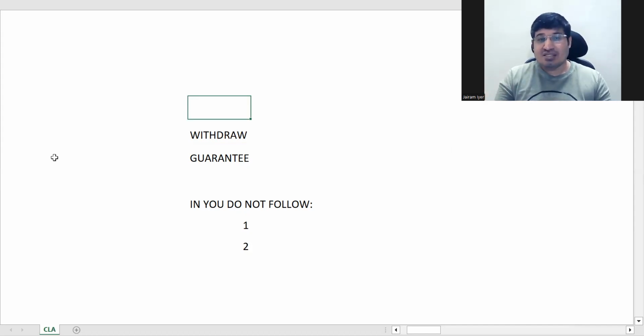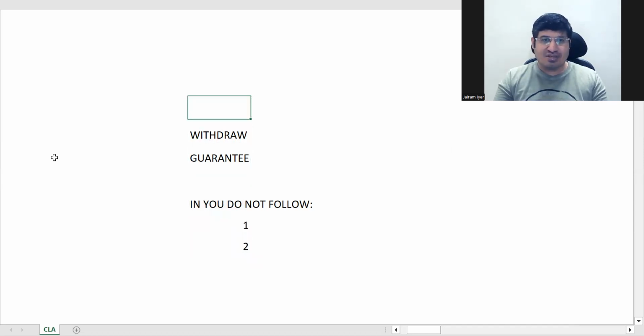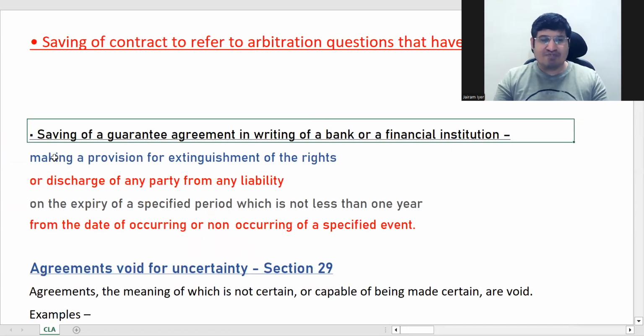If it is done as per these stipulations, they cannot go to court; if it is not as per stipulations, then they can. So this is your guarantee agreement, saving of guarantee agreement in writing of a bank or financial institution.